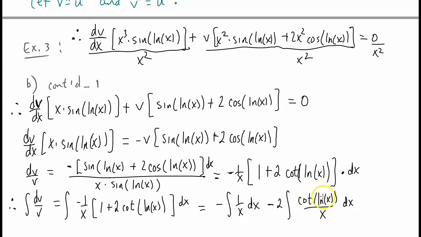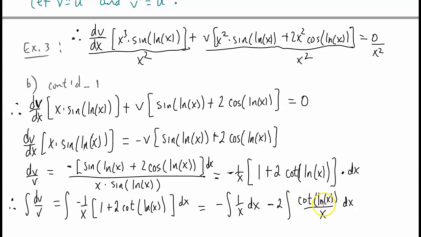And here what we need to do is we're going to have to use the substitution rule here, and it's going to be relatively easy because we know that if we let natural log of x be let's say w, or I'm actually going to let it be theta, just because it's inside of a cotangent function.